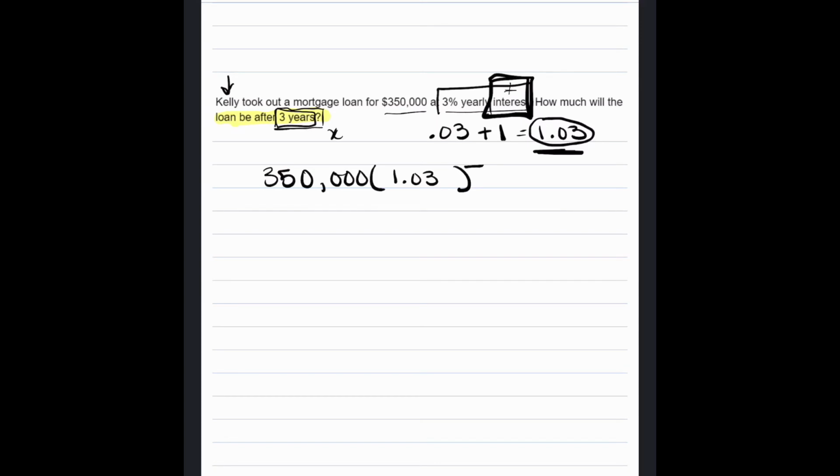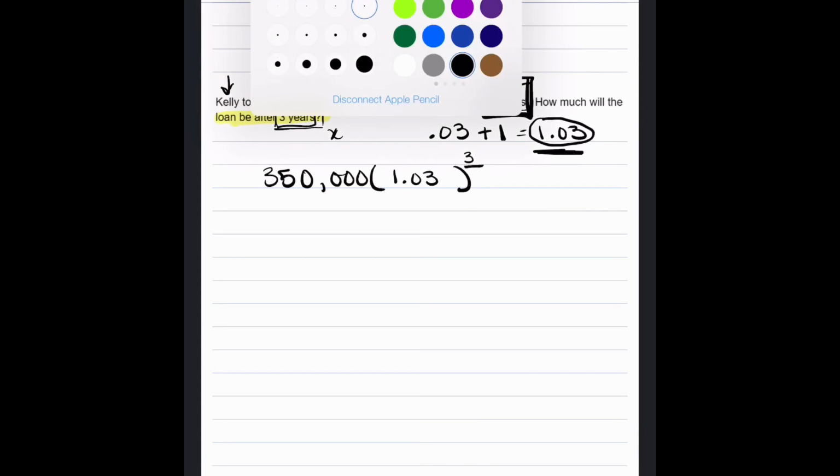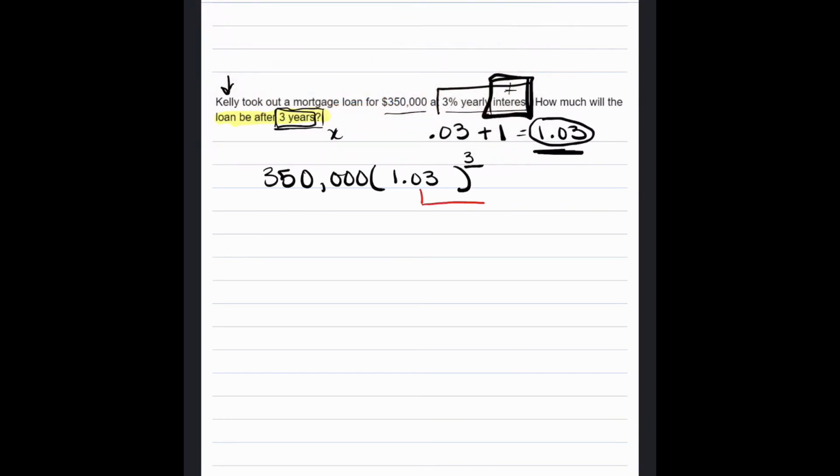So how much will the loan be after 3 years? We're going to raise this to the third power. So what you want to do is 1.03 to the third power. You can do that in your calculator. 1.03 to the third power is 1.092727, but I'm going to leave it there.